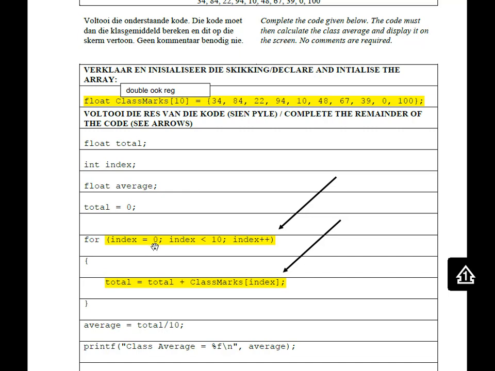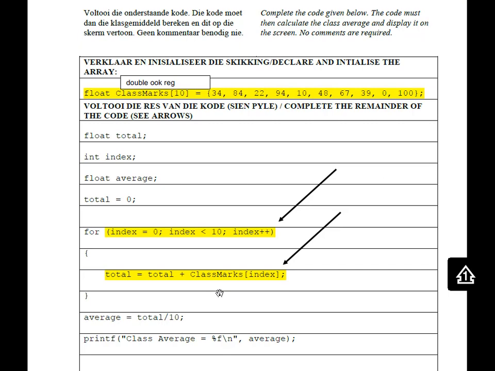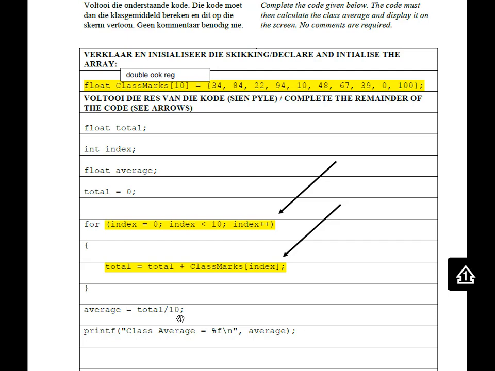That's why we start at 0 and continue until we are less than 10. This gives you 10 indices that we're accessing, and we're just incrementing our index. Then all we're doing is adding these class marks to the total, similar to the previous example. And then it calculates the average, total divided by 10, and prints it out.